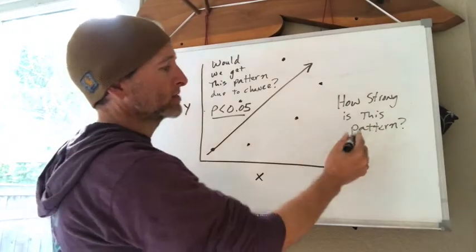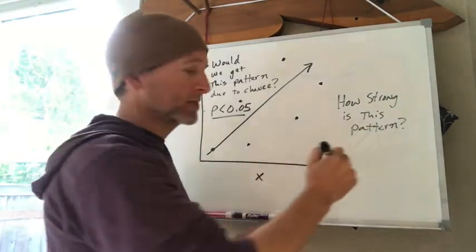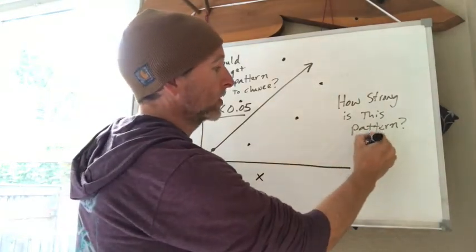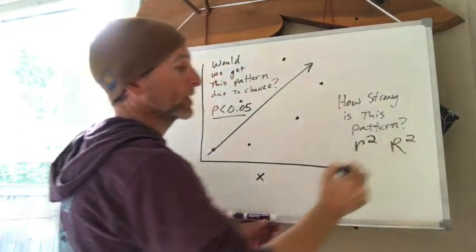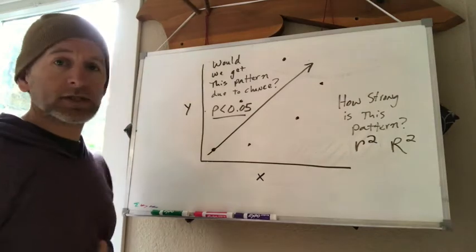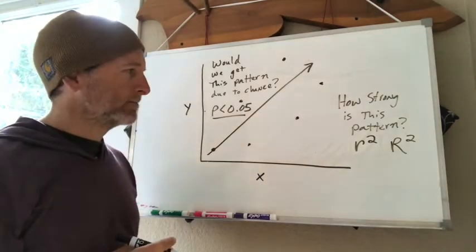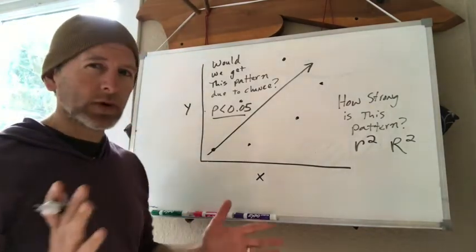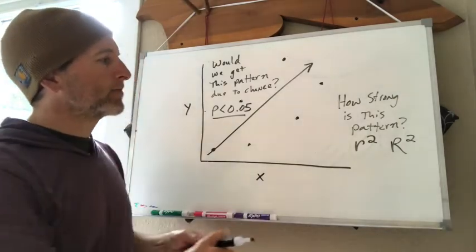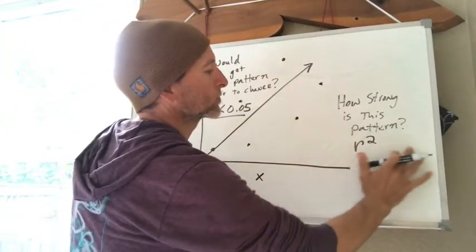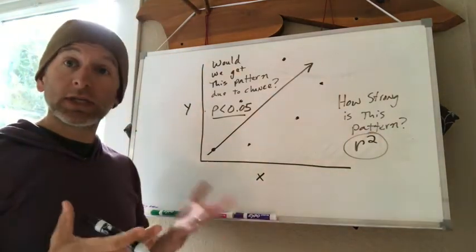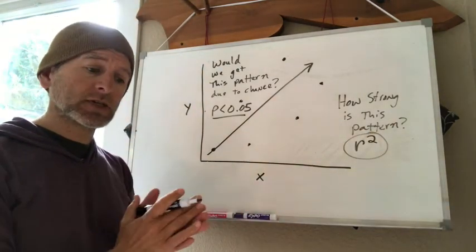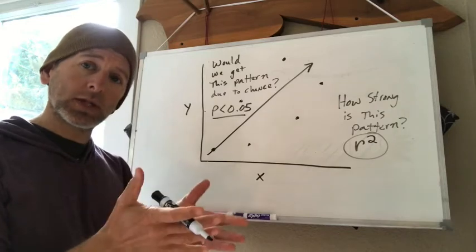How strong is this pattern? In this case, that is going to finally relate to an r squared, or for multiple regression, capital R squared. The difference isn't so important right now, so we can stick with lowercase r squared. It's all the same. But r squared in this case, especially for simple regression, is very similar to a Pearson's R, a correlation analysis.